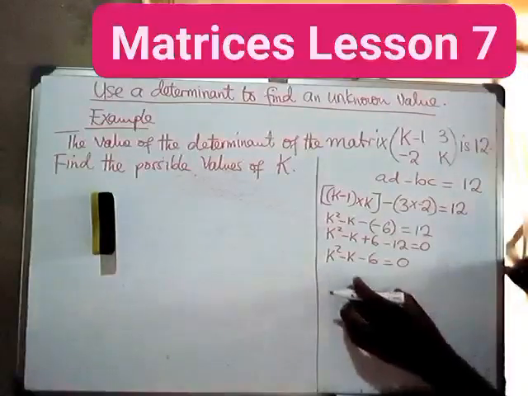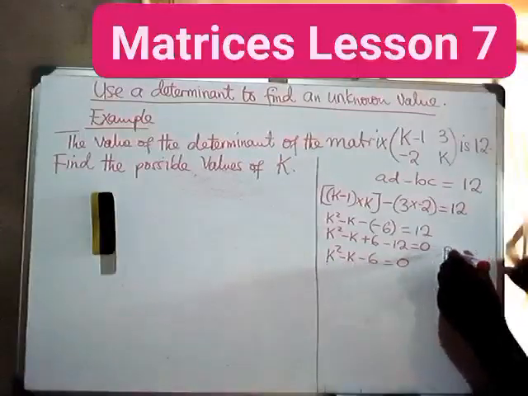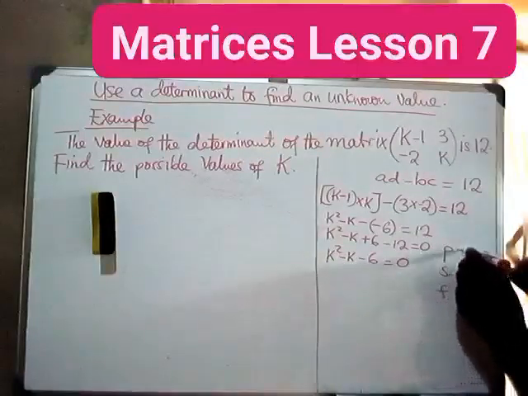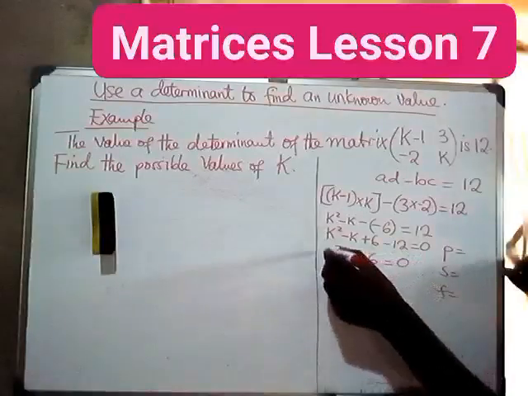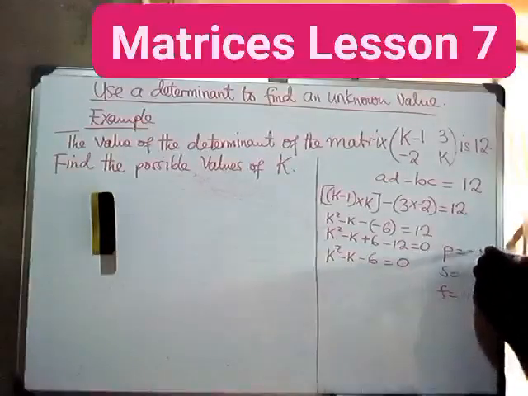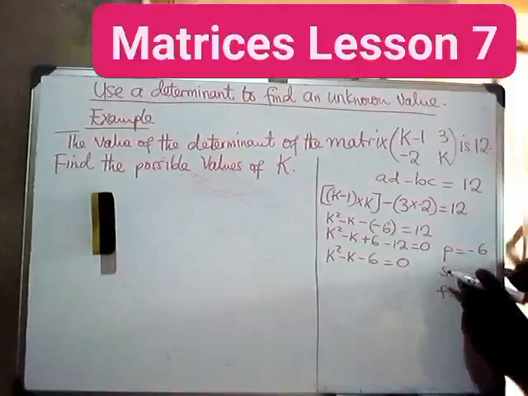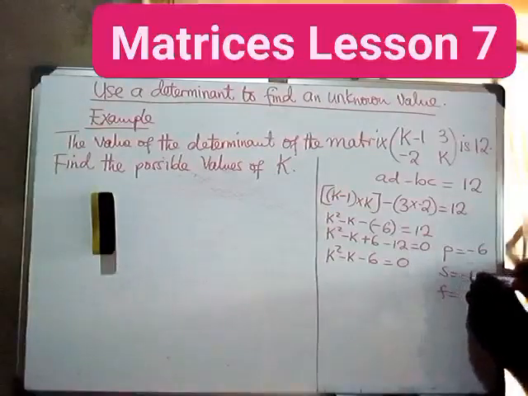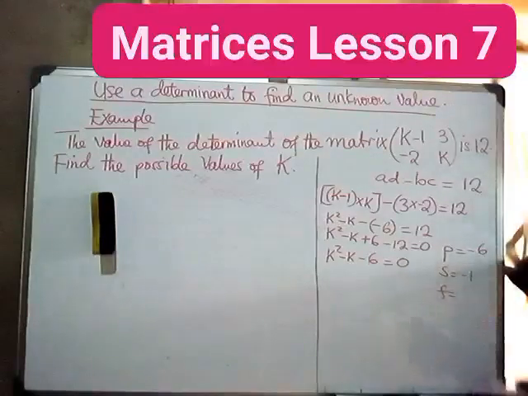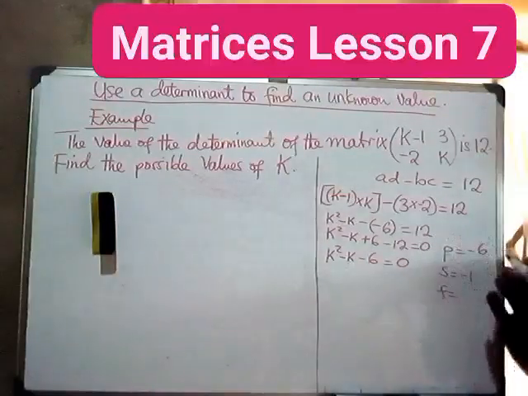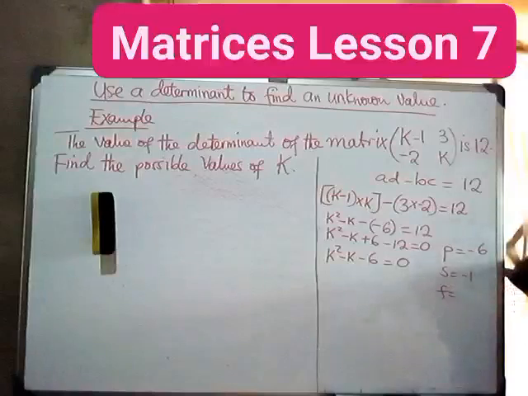Now, when you are doing these things, we look at product, sum, and factor. Which one is our product? Our product is 1 multiplied by the constant number, it will be -6. What will be the sum? It will be -1. What two numbers, if you multiply them, you get -6, but when you add them, you get -1?